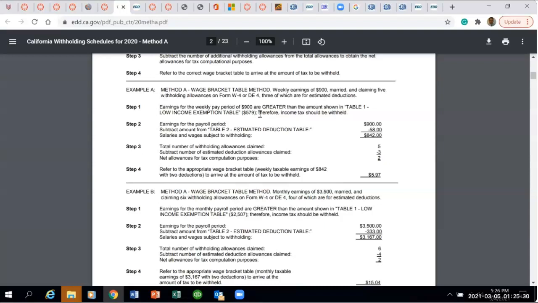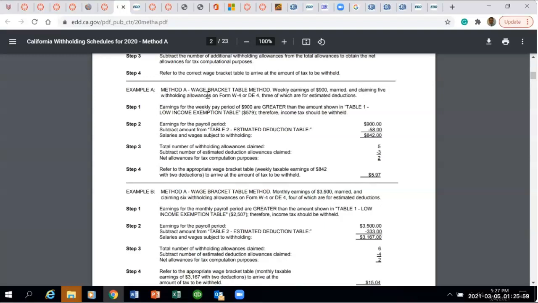So in step 1, first check to see if this person needs to be withheld any taxes at all. This example is weekly earnings of $900, married, claiming 5 withholding allowances.